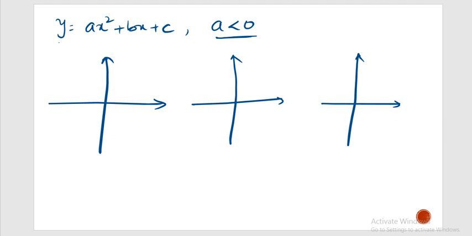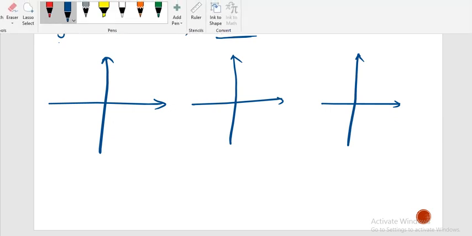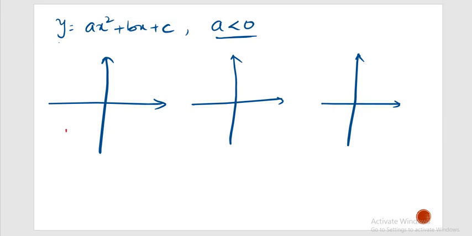Now in these situations when a is less than 0, my parabola will become inverted. So my parabola gets inverted, and again for this also we are going to have three situations.